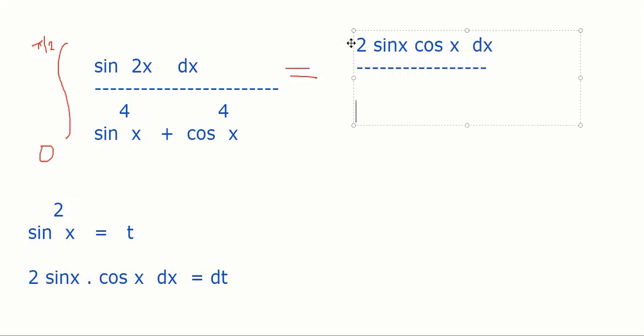In the denominator you can write sin 4x, which is the square of sin square x. Because we have taken sin square x equal to t, we will write everything in the form of sin square x. Plus cos 4x, I also square cos square x, and cos square x means 1 minus sin square x. Everybody agree?